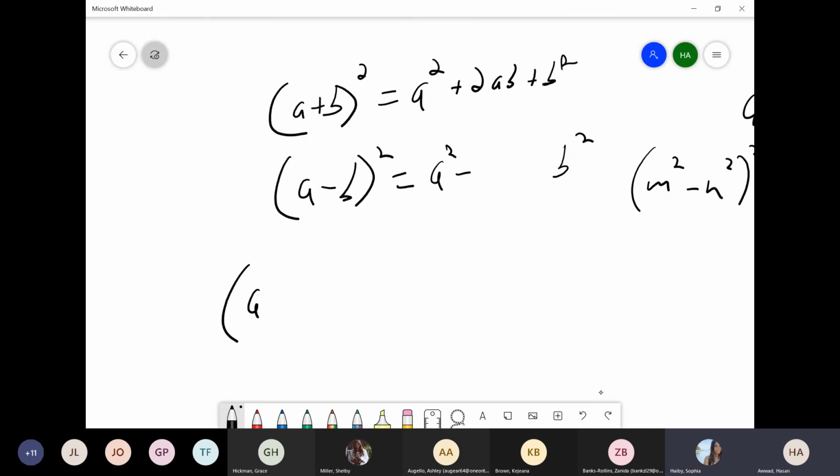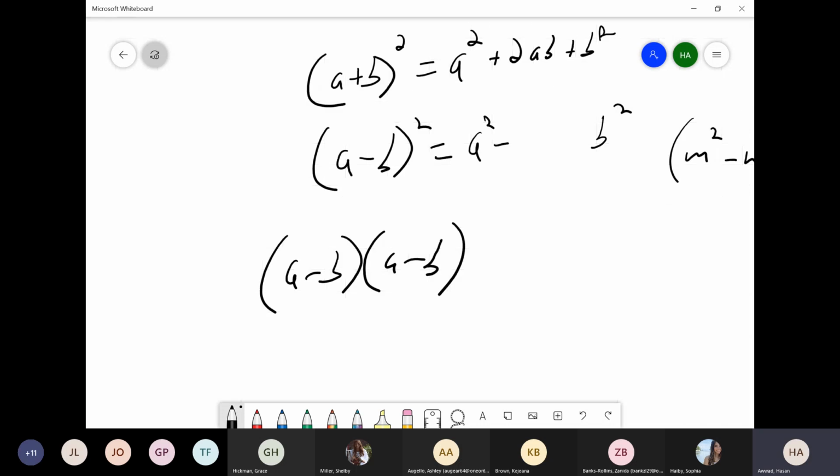So again, just to show the process here, if we wanted to FOIL things. So a minus b times a minus b, right? Again, if you don't remember the blueprint, totally fine. FOIL it out, right? What should we always get when we FOIL? So FOIL means first, outside, inside, last, right? So to do first, that's the a times the a, we get a squared.